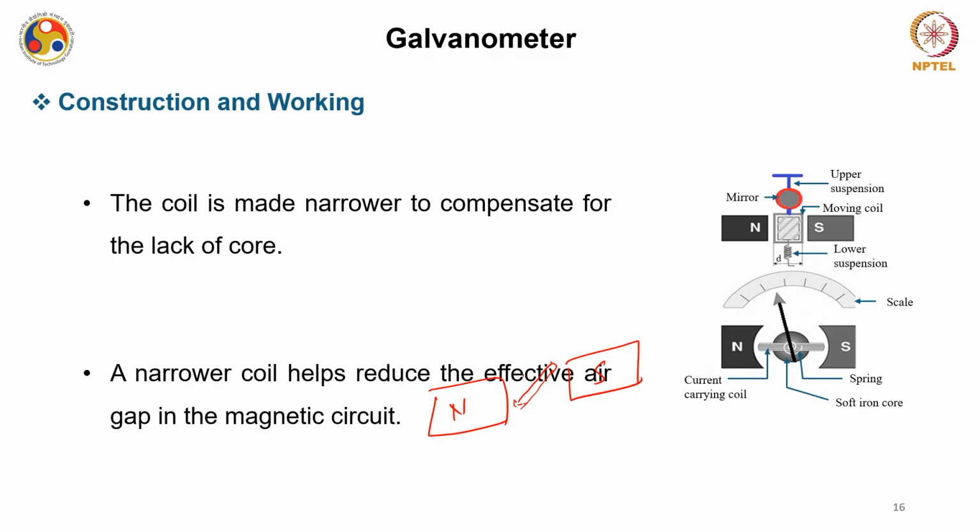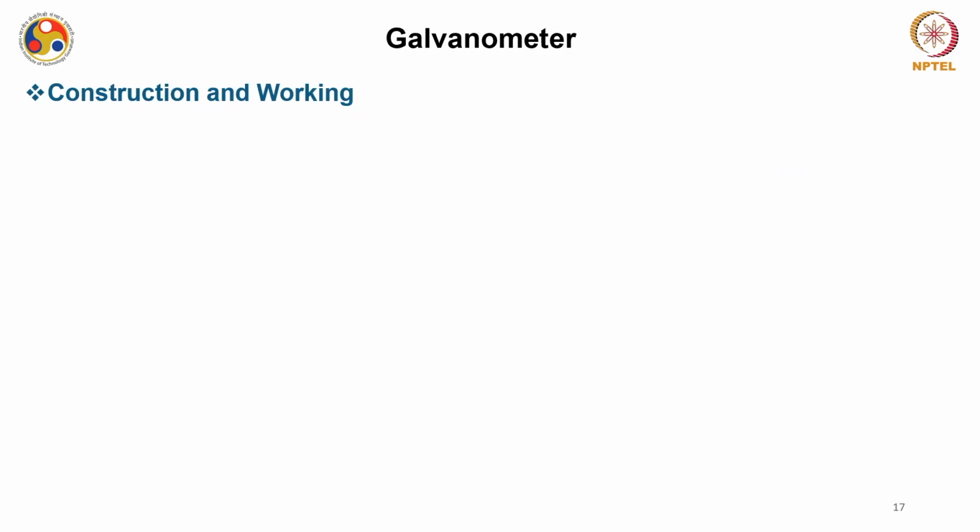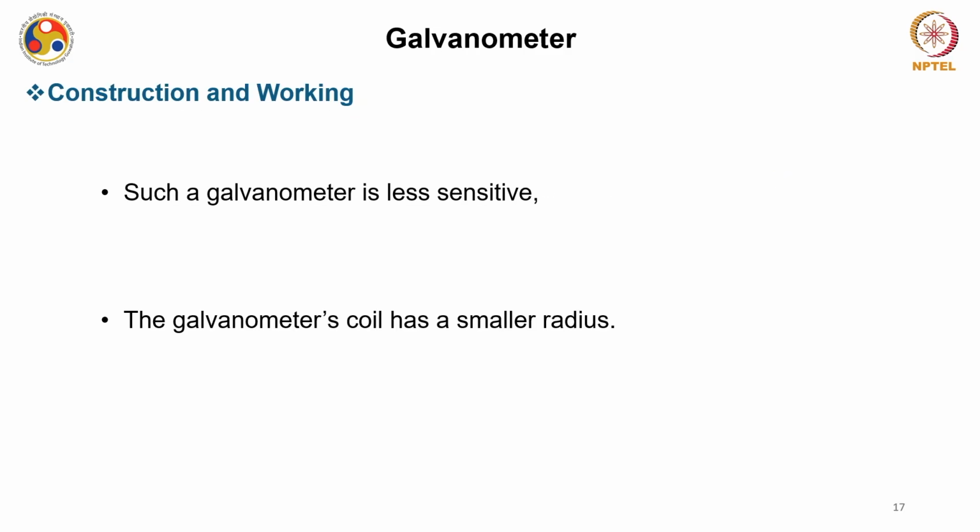A narrow coil actually helps reduce the effect of the air gap in the magnetic circuit. However, this kind of galvanometer is not as sensitive as the iron core kind of instrument, and the galvanometer's coil in this case has a smaller radius, as I have just mentioned.